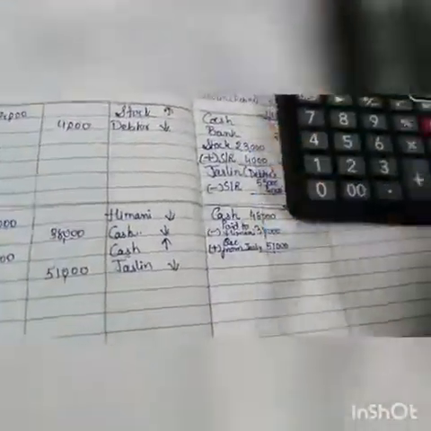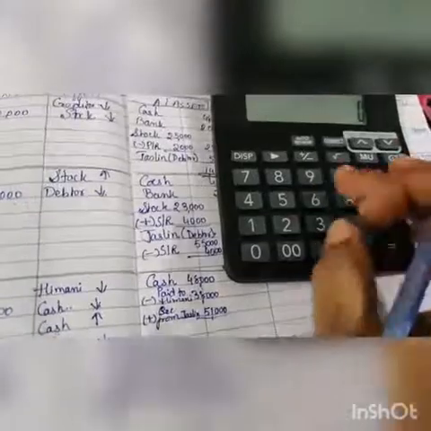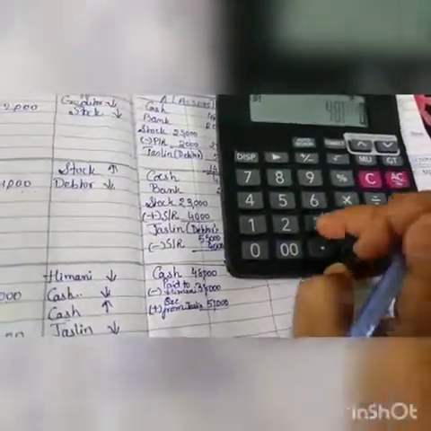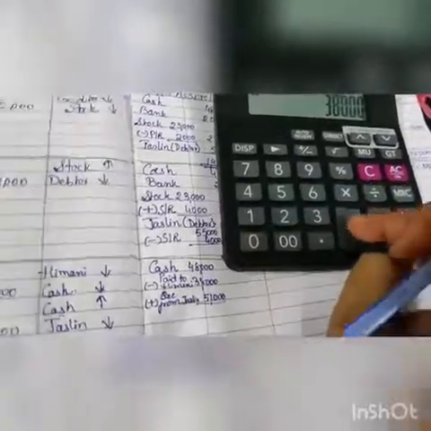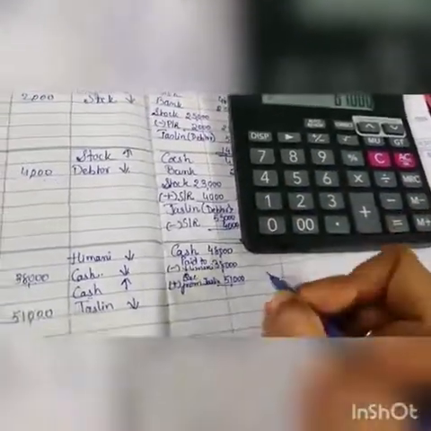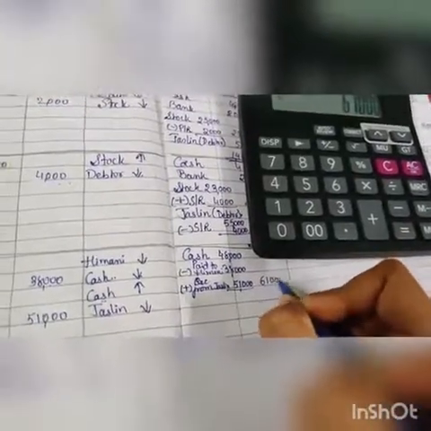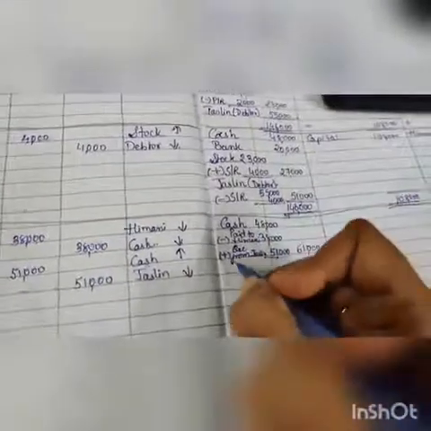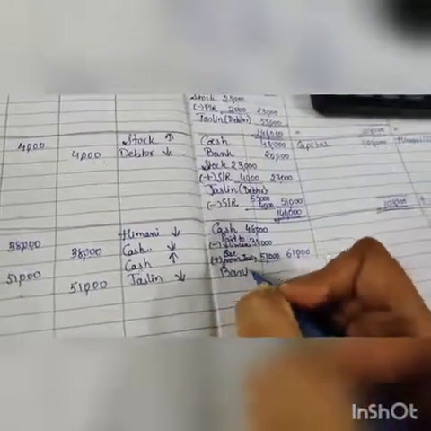So total what will be the amount for cash? That is 48,000 minus 38,000 plus 51,000. So what amount are you getting? You are getting 61,000. Clear?